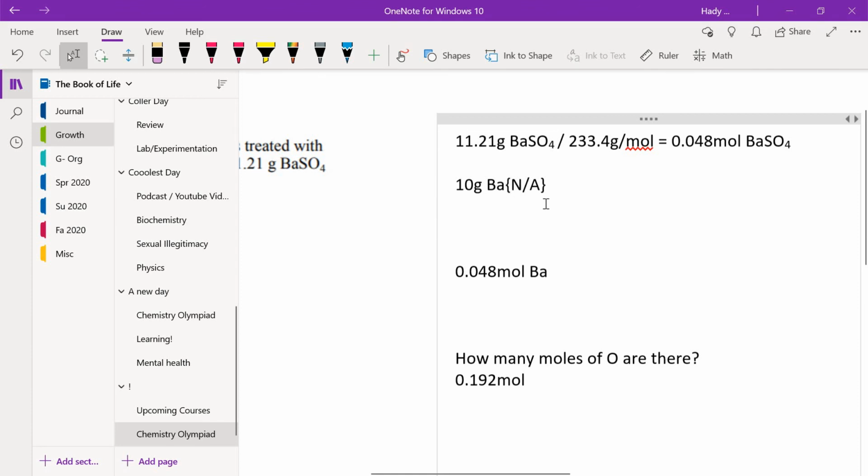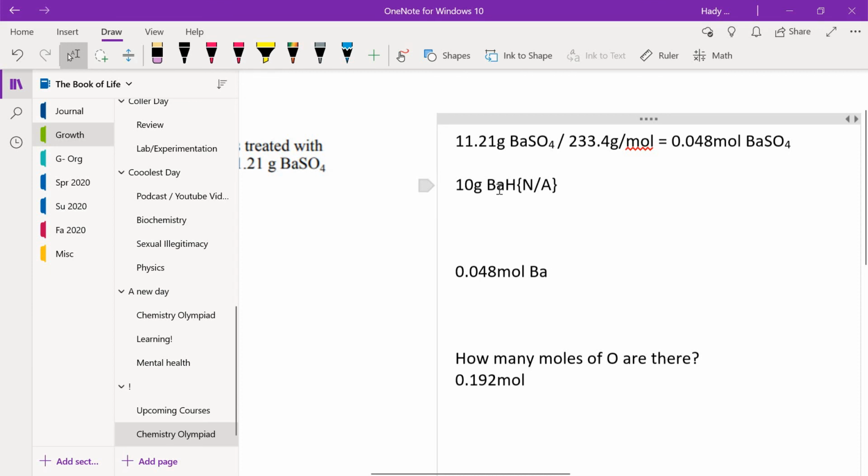Because if you have a very heavy element here, then you don't have very many molecules of this. But if this is really light, then you could have a lot of molecules of this, because this is just based off weight.